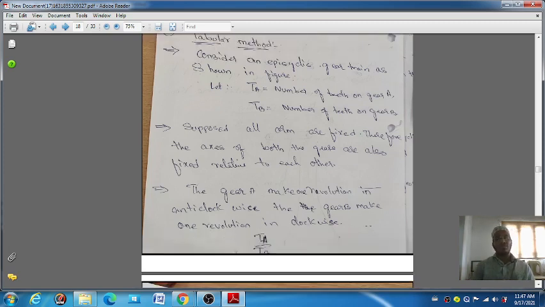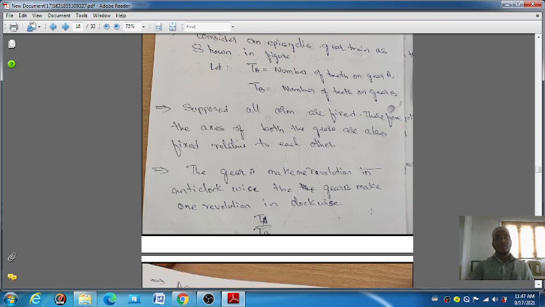Gear A makes one revolution in the anti-clockwise direction, and gear B makes one revolution in the clockwise direction, because when gear A rotates in one direction, gear B rotates in the opposite direction.